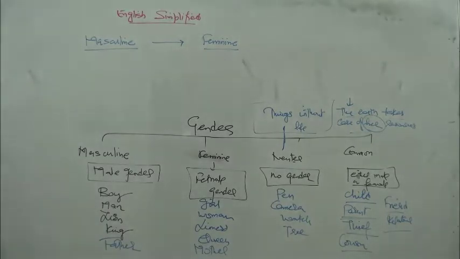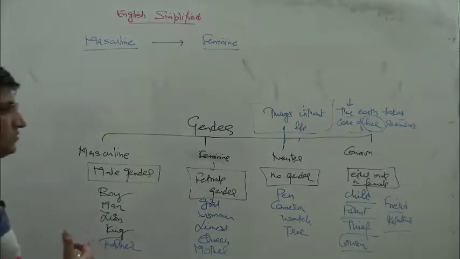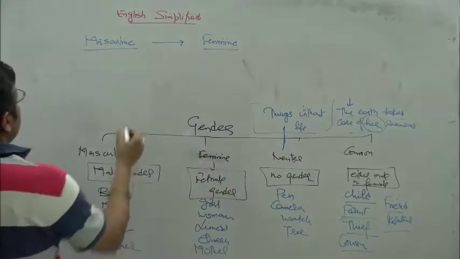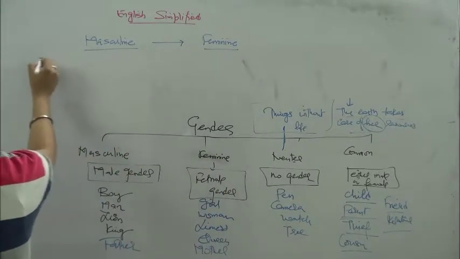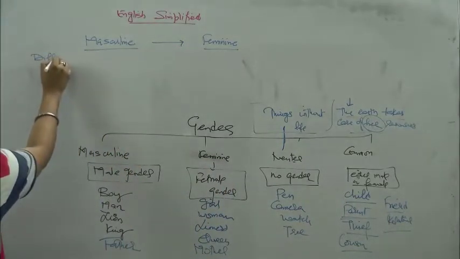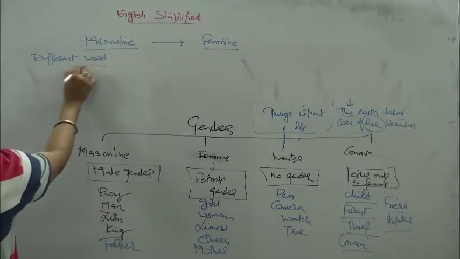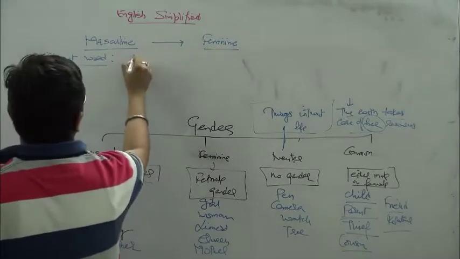Now the way it works is, and that is where there is no set rule for each and every word. There could be examples like making use of a different word altogether.